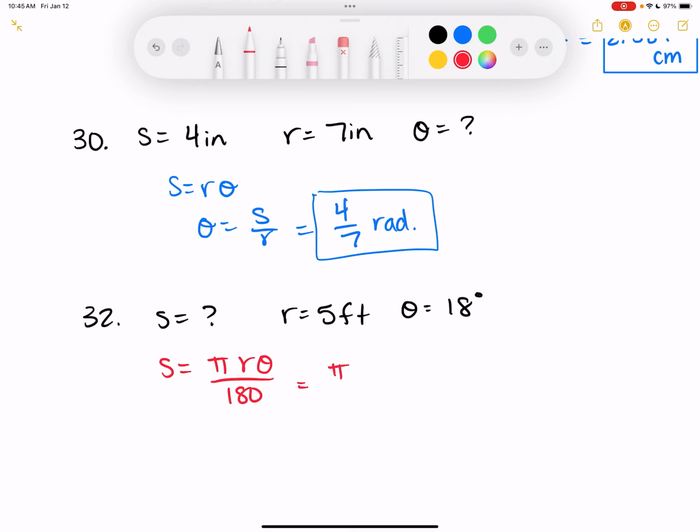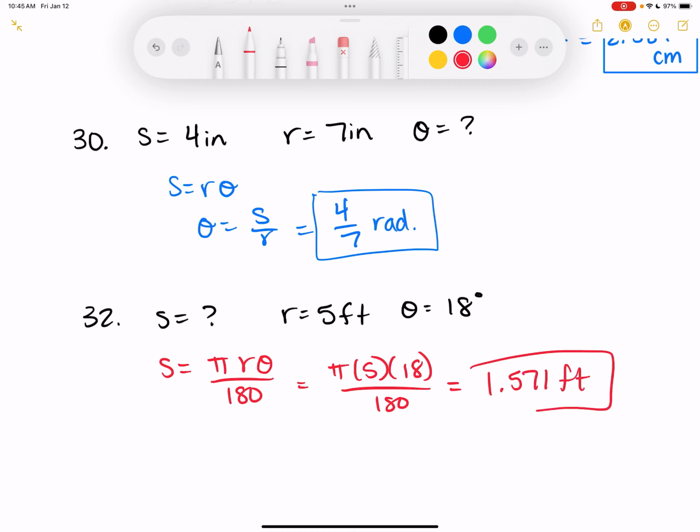So we have pi times 5 times 18 divided by 180. Is that what you got, Virginia?